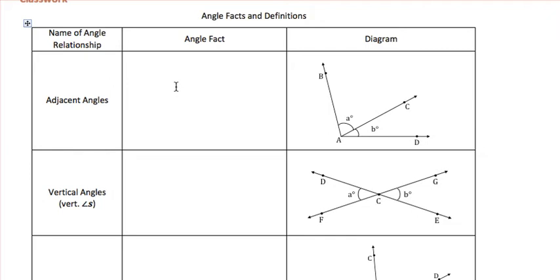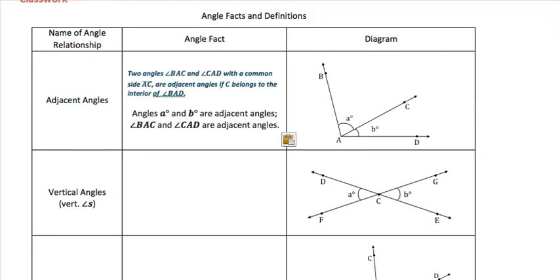First of all, adjacent angles are when two angles share a common side. In this case, the common side is ray AC. And so these two angles, BAC and CAD, have a common side of AC.